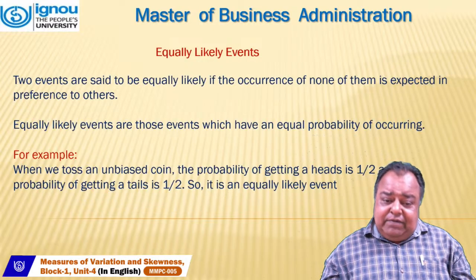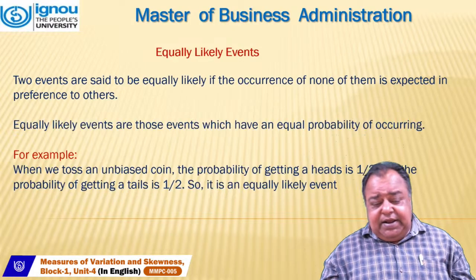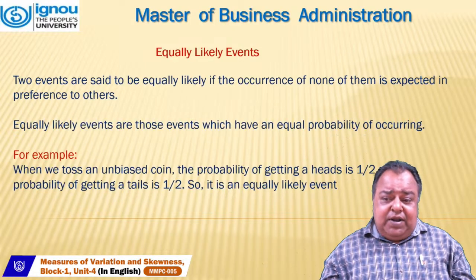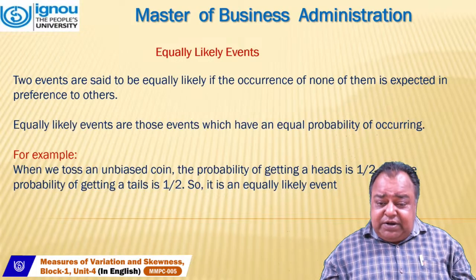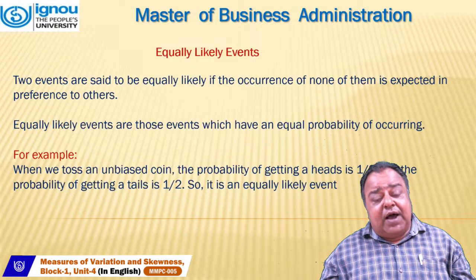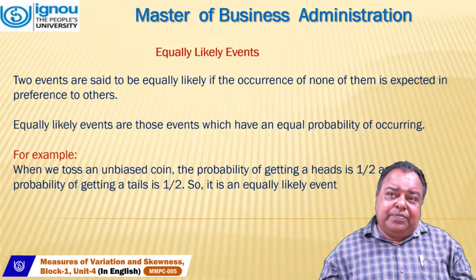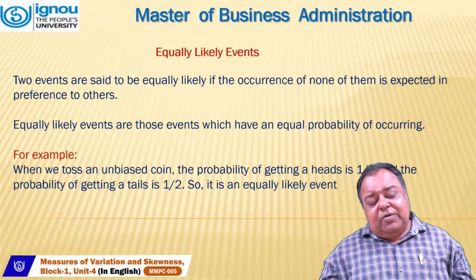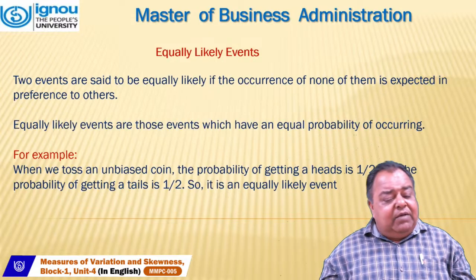Equally likely events. Two events are said to be equally likely if the occurrence of one of them is not expected in preference to the others. Equally likely events are those events which have an equal probability of occurring. For example, in flipping a coin, we can get either a head, whose probability is 1 by 2, and a tail, again 1 by 2.